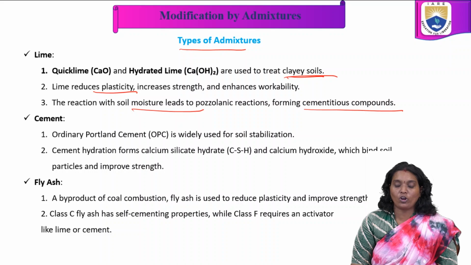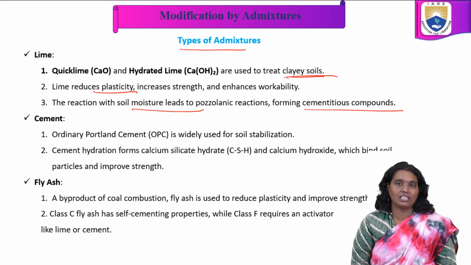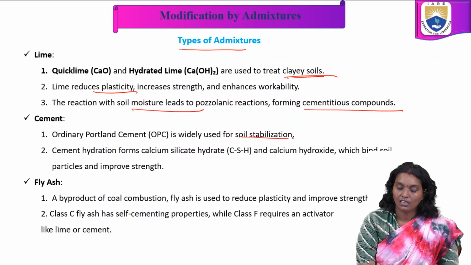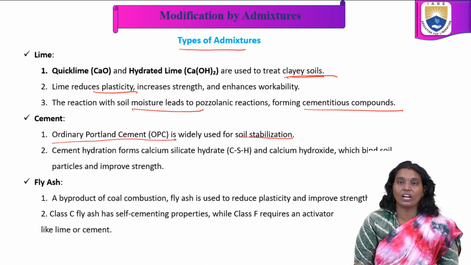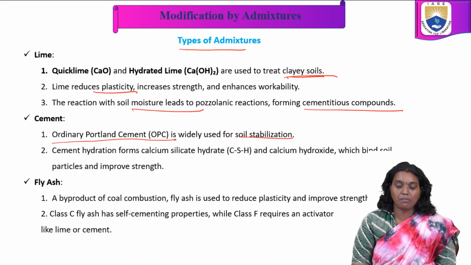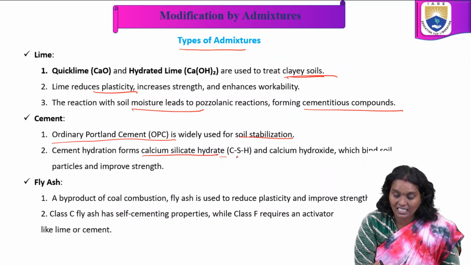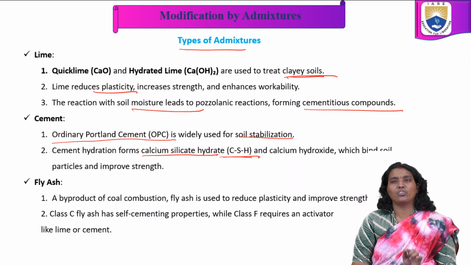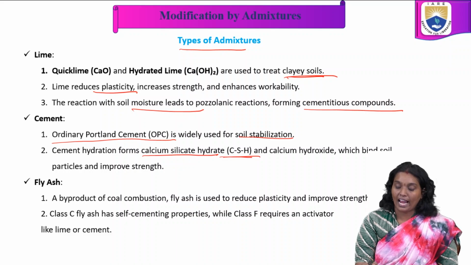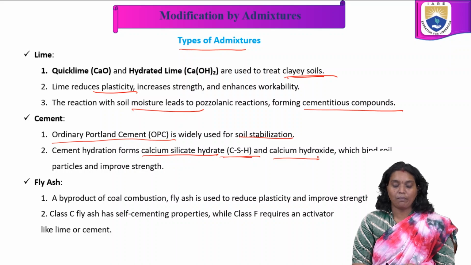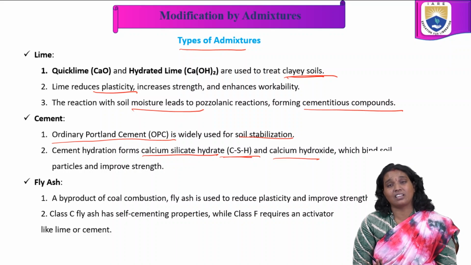This ordinary Portland cement is widely used for soil stabilization. In this cement, hydration forms calcium silicate hydrate, CSH gel, and calcium hydroxide also, which bind soil particles and improve the strength.